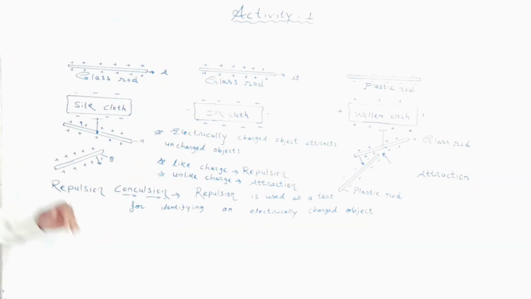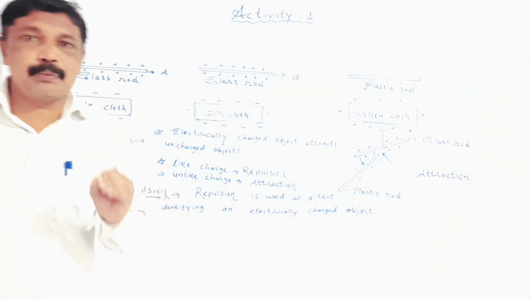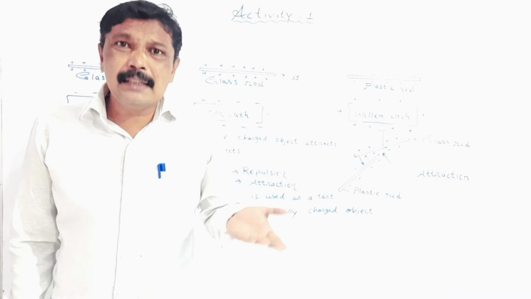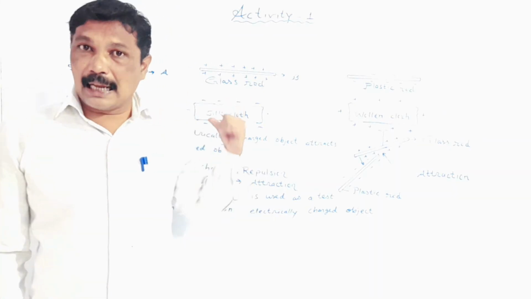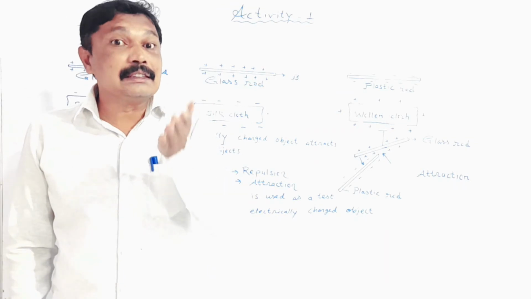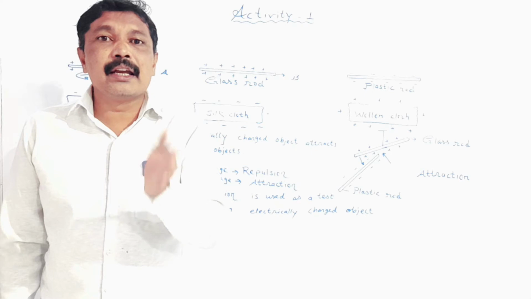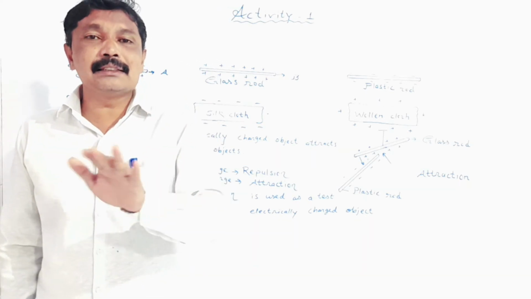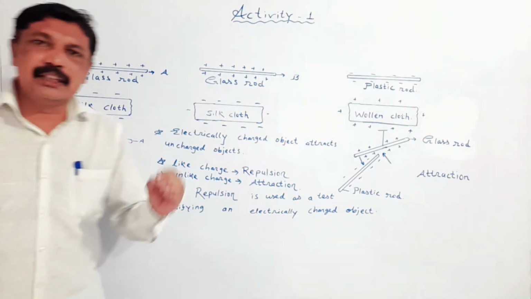In the same way, the silk cloth also has the same number of positive charges and negative charges. But it has received negative charge from the glass rod, and therefore in the silk cloth the number of negative charges is increased. As the number of negative charges is increased, the silk cloth will get negatively charged.